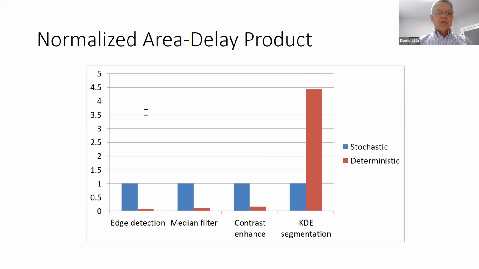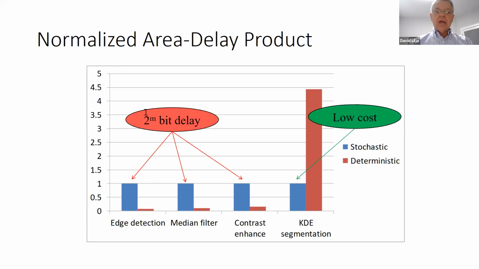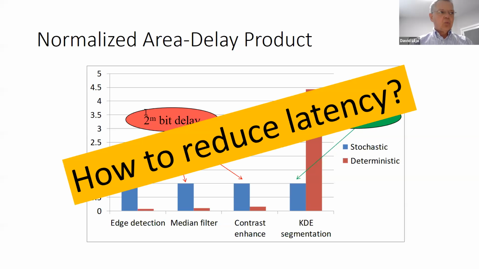The problem here is that I have this 2 to the m bit latency to compute those results for the simpler circuits. While the more complex circuit, I still have that 2 to the m delay. However, the circuitry is so much cheaper that it trades off with the area delay product, and I still win. The question, though, is how can I reduce that latency? How can I get rid of that very expensive 2 to the m delay?